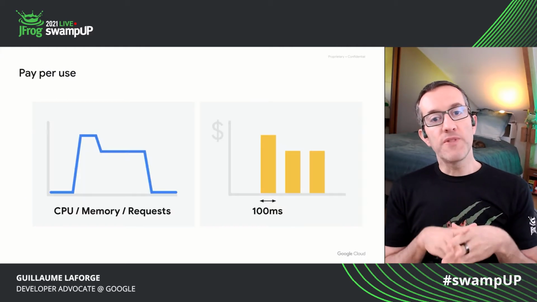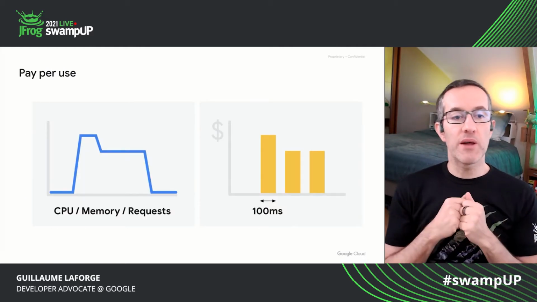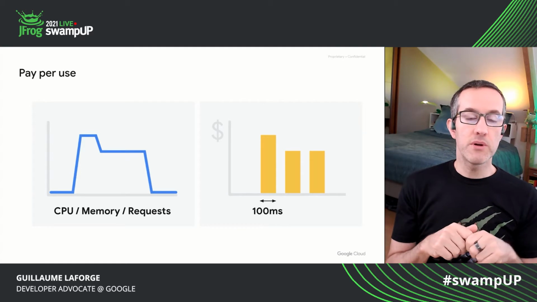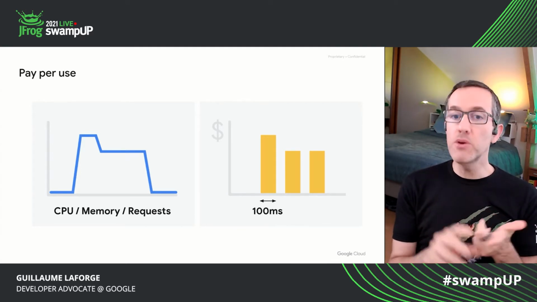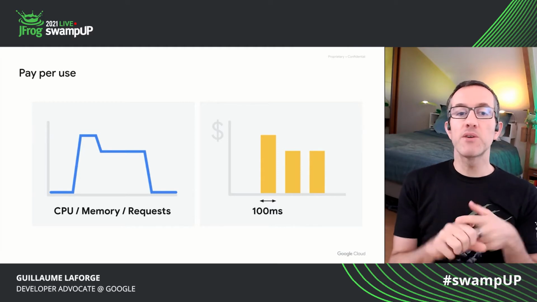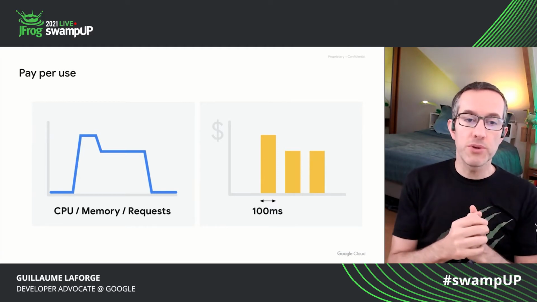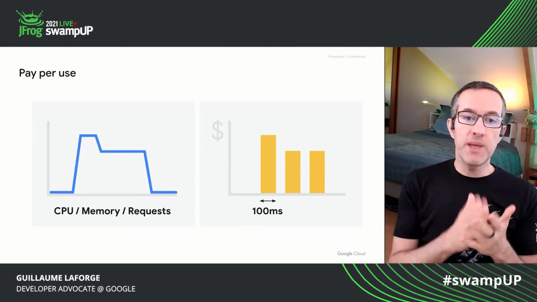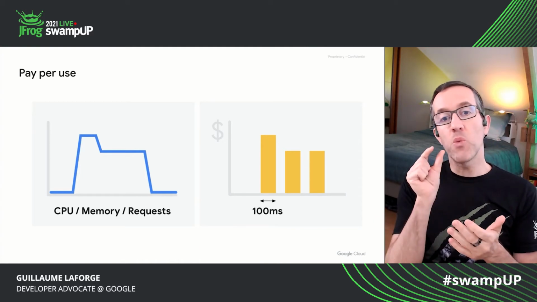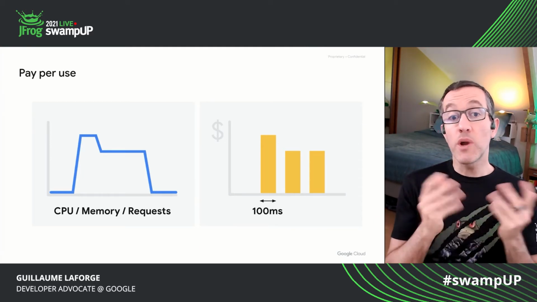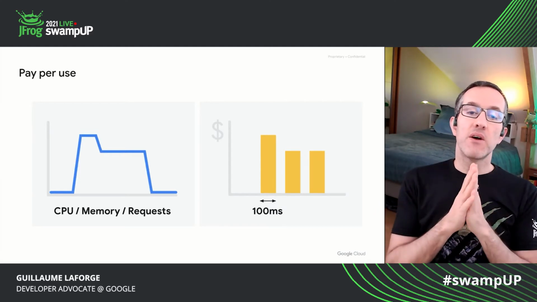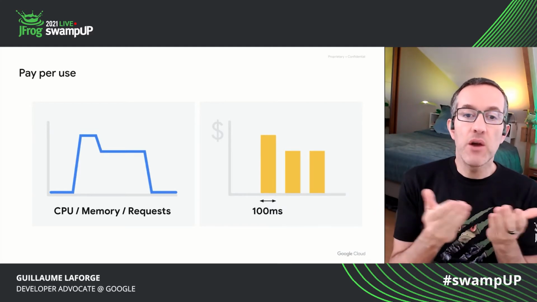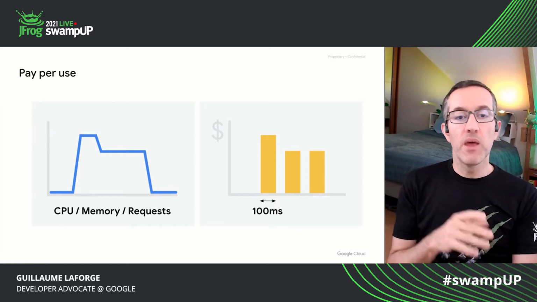When speaking of the operational model, we said that Cloud Run is a pay-per-use model. So the more CPU you use, the more memory you use, the more requests that you get, the cost will be proportional to that. And it's billed by increments of 100 milliseconds. So it's quite granular. You're not going to pay 1 full second if the request takes only 100 milliseconds to finish, right?